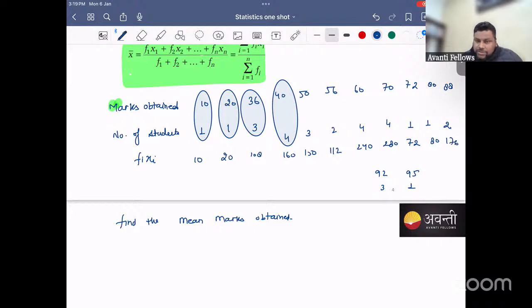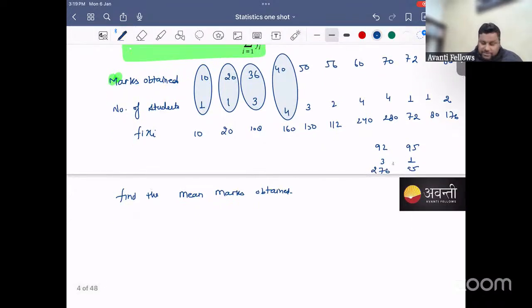Now 92 into 3 is 276 and 95 into 1 is 95. This is fixi for each observation.